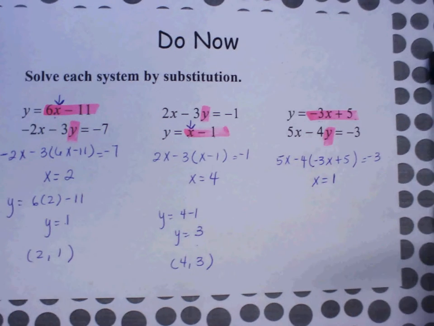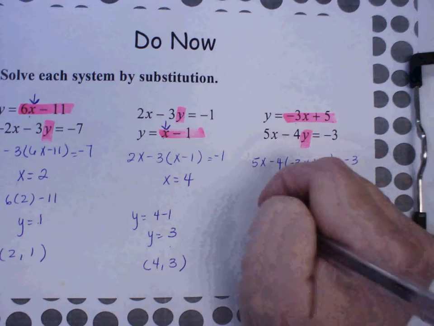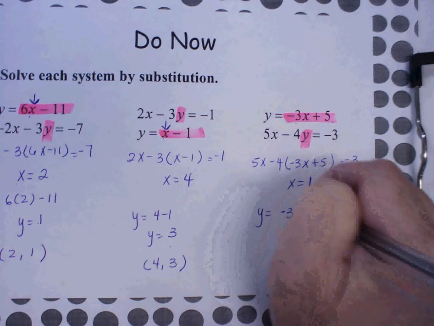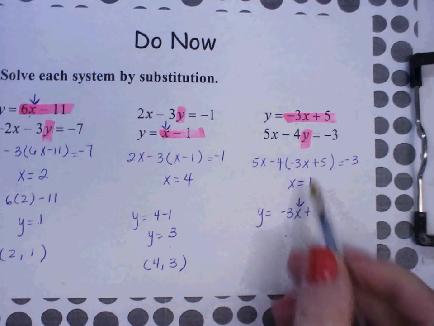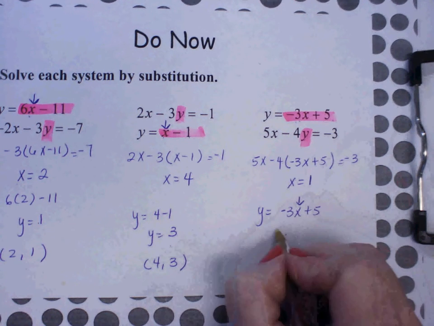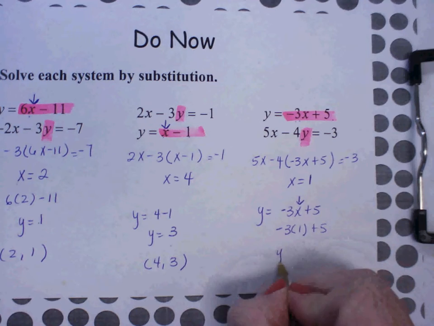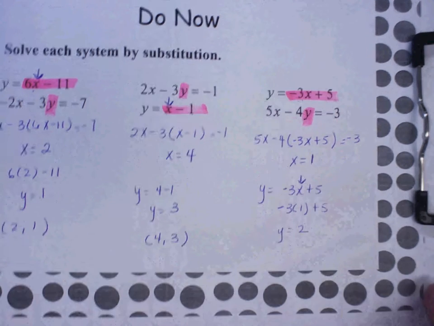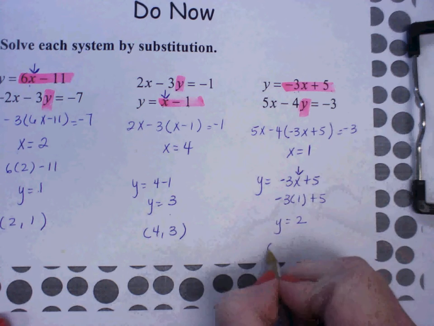If you haven't watched the video, I highly suggest watching the video. Then I'm going to substitute the value of x on that first one, right? So this would be negative 3 times 1, which is negative 3, plus 5. Y equals 2. So my point would be 1 and 2.